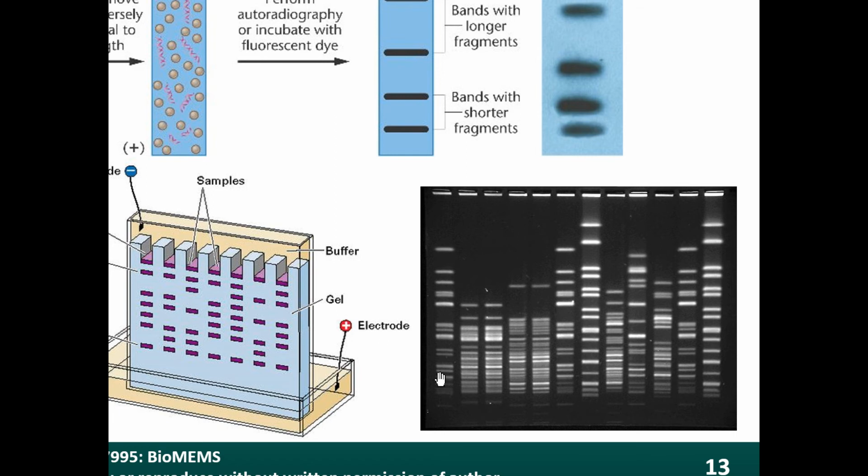These are known, and the manufacturer will tell you that, you know, the 6th band that you see on your gel corresponds to 1100 base pair length of the DNA molecule. In your sample, if you see a band that is at the same position, then you know that this band is roughly around 1100 base pairs. So this allows you to actually measure the length of the DNA.